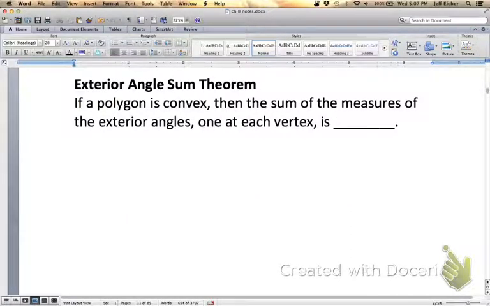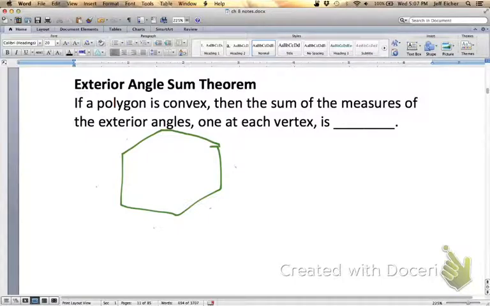The second theorem, the exterior angle sum theorem, you should also have written in that packet that you did last night for homework. The exterior angles of any convex polygon, 1, 2, 3, 4, 5, 6. So this is a hexagon, not a regular hexagon.